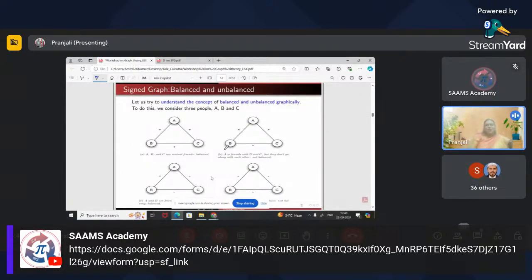So let us again look at the concept of balanced and unbalanced. Suppose there are three people, A, B, C. In the first case, all are friends. Positivity means A likes B, they have the same thoughts and so on.